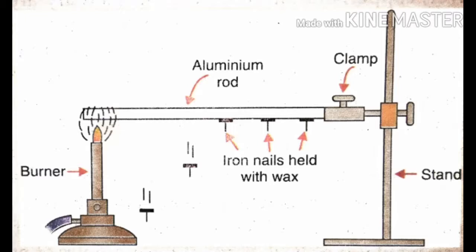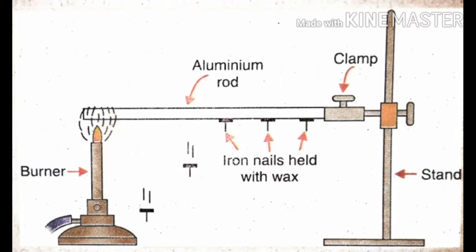Let's see an activity for transfer of heat by conduction. We take a flat aluminium rod and fix some small iron nails on it with the help of wax. Let us heat the free end of the aluminium rod by keeping a burner below it.